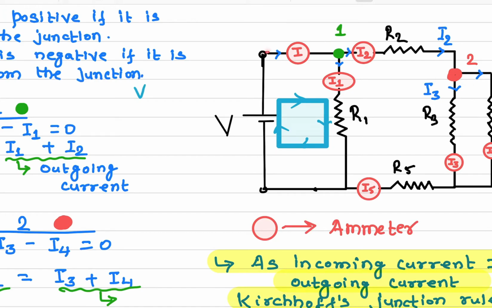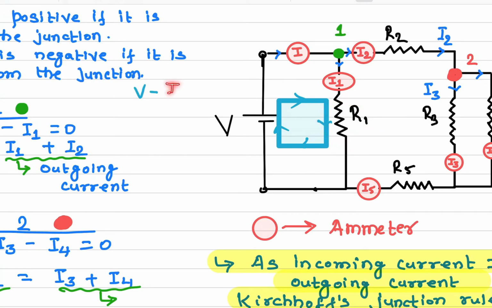And now I have chosen the current in this direction. For this resistor, the current is going downwards, and the loop direction is also in the same direction. The current and the loop direction are in the same direction, so that means we have to take it as negative, and the voltage across the resistor is I1 times R1.